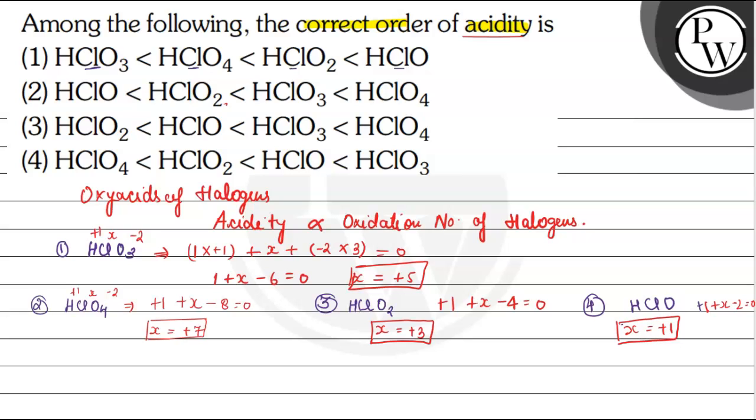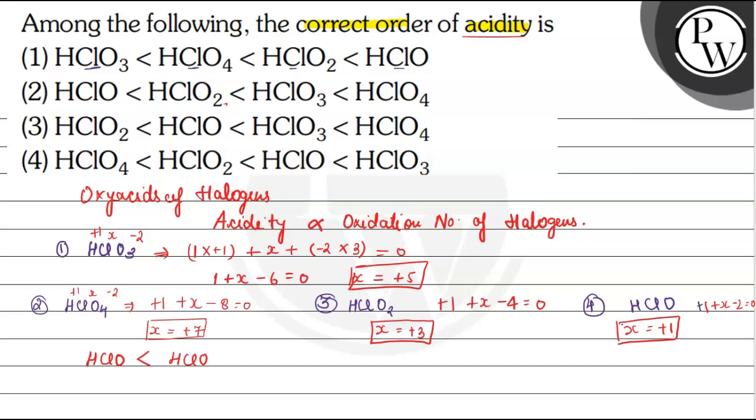Now arrange these compounds by oxidation number, in increasing order. The greatest oxidation number is shown by HClO4, and the minimum by HClO. So first HClO, then HClO2 with +3, then HClO3 and HClO4.